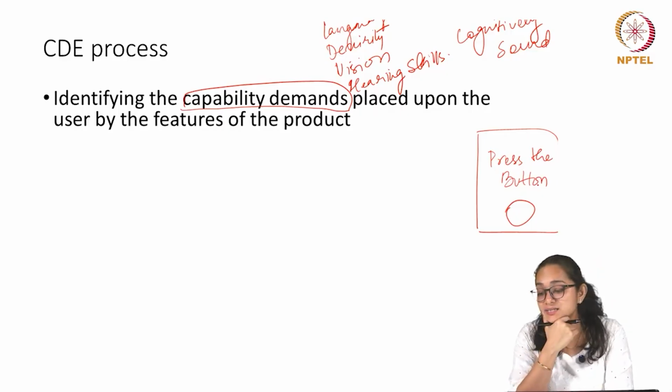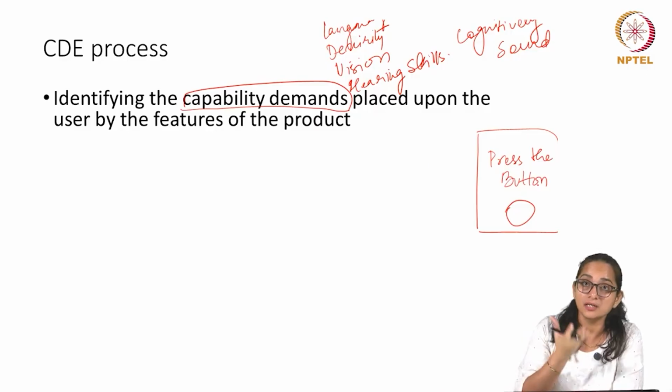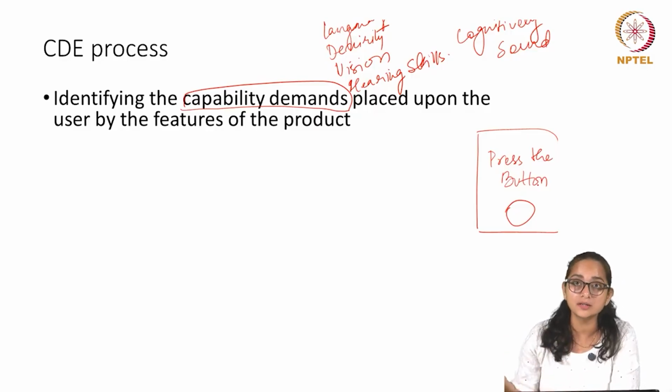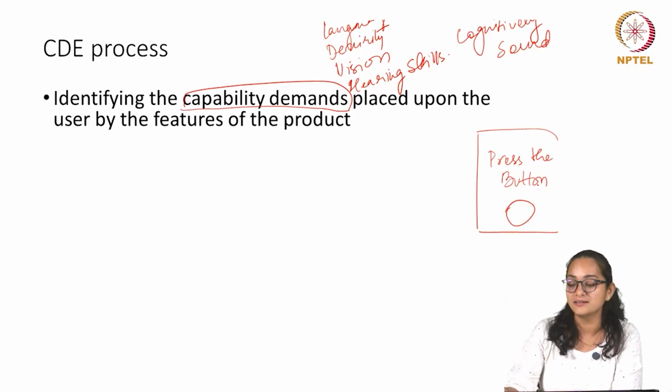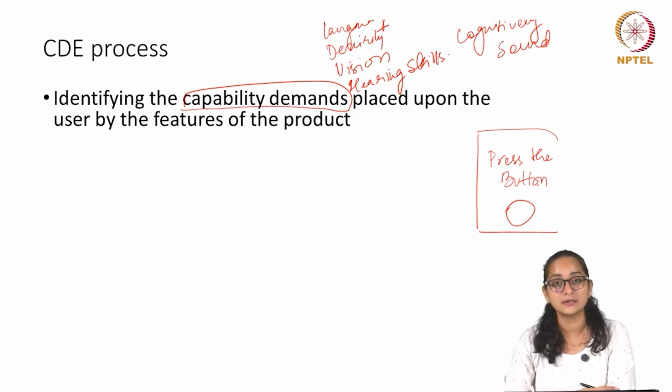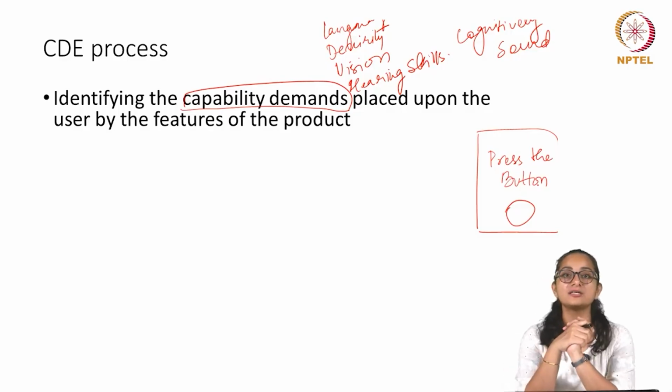You are able to read the words press, the and button. You are able to understand the meaning of the word press, the meaning of the word the, the meaning of the word button. Then semantically associating it in your mind and then reacting, able to react to the instruction and press the button. So, all of these are capability demands placed by this interface.